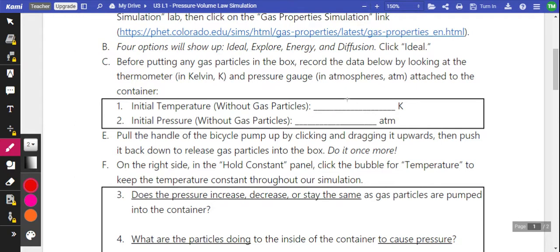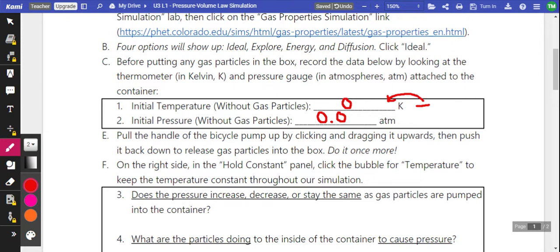Well, you could say that your temperature is 0 Kelvin, or you could put a dash. That's also fine, just like it says in the simulation. And our initial pressure without particles is 0.0 atmospheres. And those are the two places we're going to be looking for most of our data in these simulation labs: what's the temperature like, what's the pressure like. There's one more place that we'll see here in a little bit.